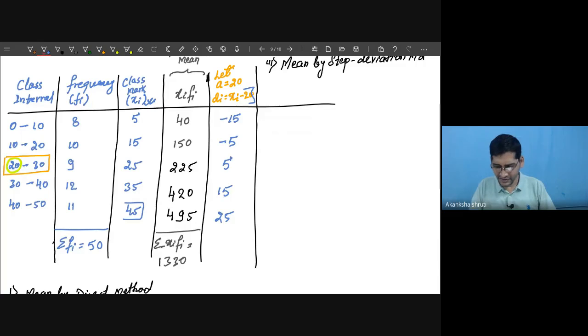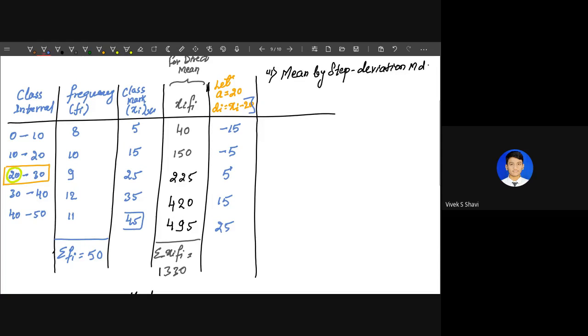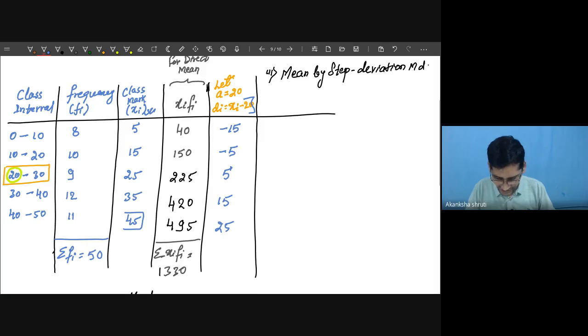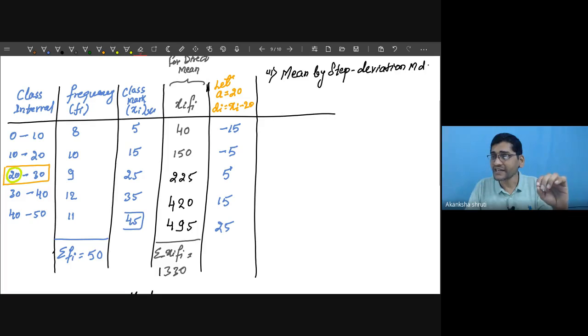Sir. Yes, go ahead Vivek. Sir, what if two class intervals are in the middle? Sir, here 5 class intervals are there, so the middle one is clear. For that case, you are free to choose either.